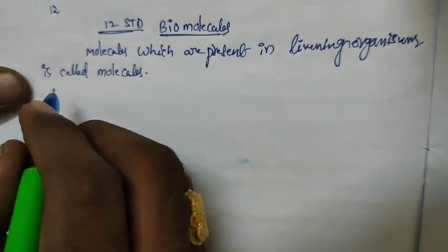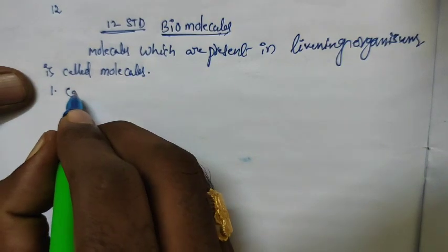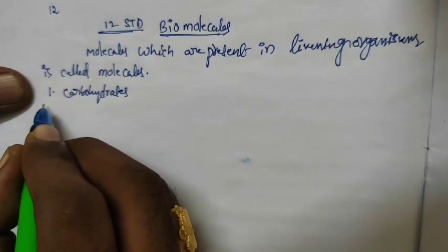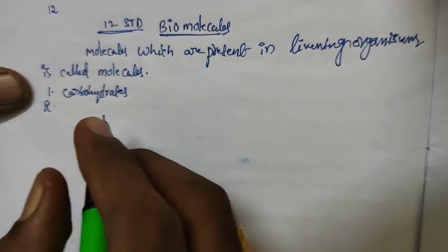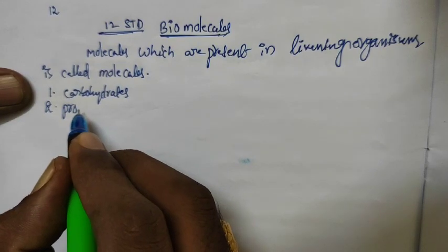The biomolecules are, first one, carbohydrates. Second one is proteins or amino acids.